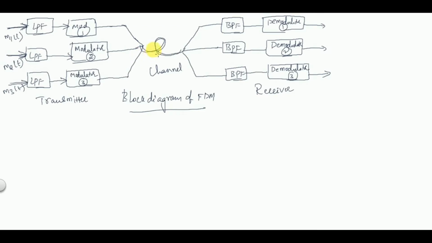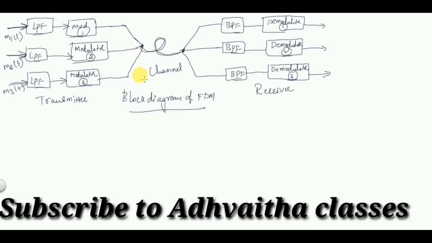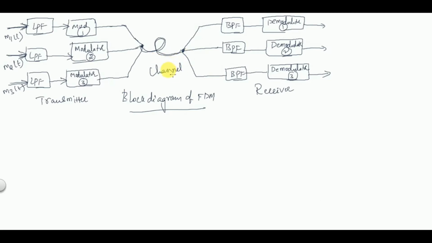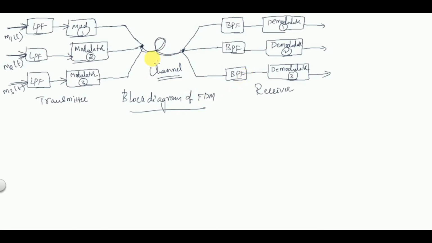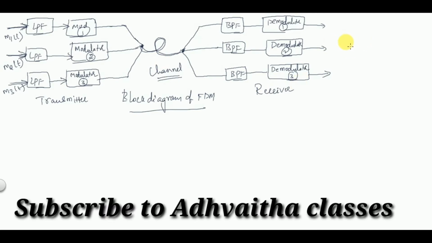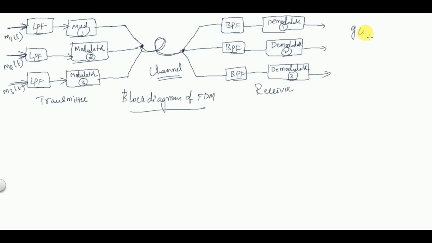If there is an external, physical connection between transmitter and receiver, then it is called guided propagation. If there is no physical connection between transmitter and receiver, it is called unguided propagation. Guided means there is a physical, wired connection between transmitter and receiver, like coaxial cable.